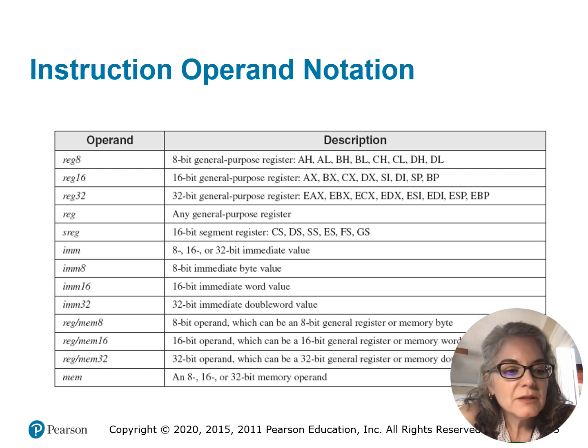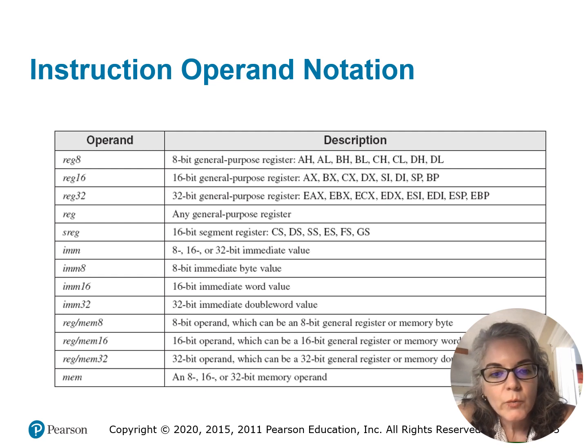So these are just abbreviations that we would use to talk about what you can and cannot do when you are looking at different instructions and the operands that you can use on the right or the left side.